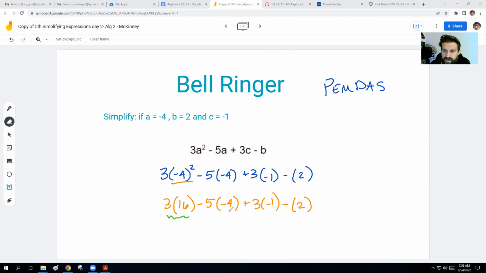There's no division, so we got a lot of multiplying to do here. No multiplying there, but we got 3 times 16, that is 48. We got minus 5 times -4, that's -20, plus 3 times -1, that's -3, and then just a -2 at the end. And then lastly, we're going to add and subtract.